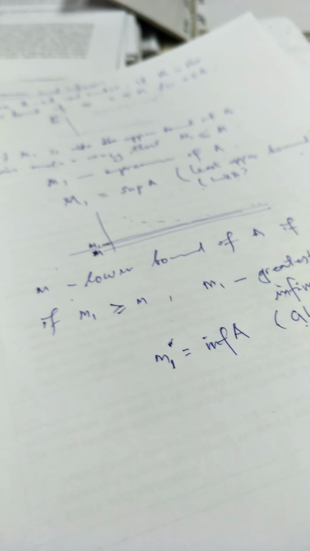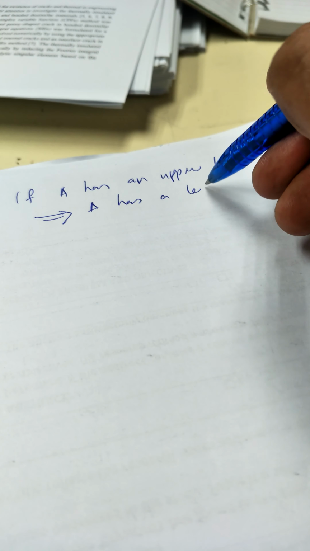I would like to give some examples. This is a true statement: if a set A has an upper bound, then A must have a least upper bound, or supremum.